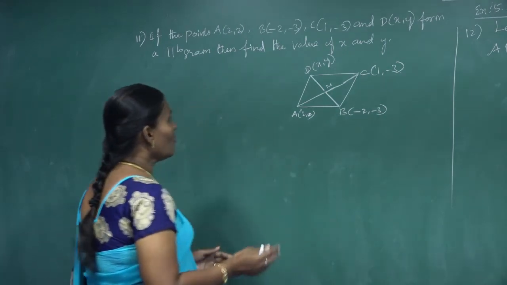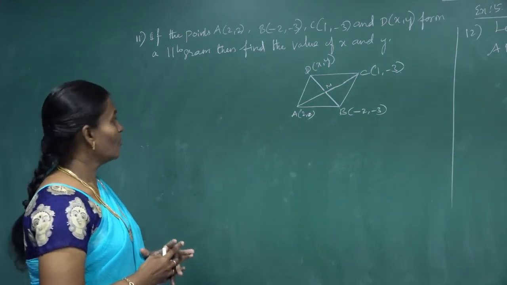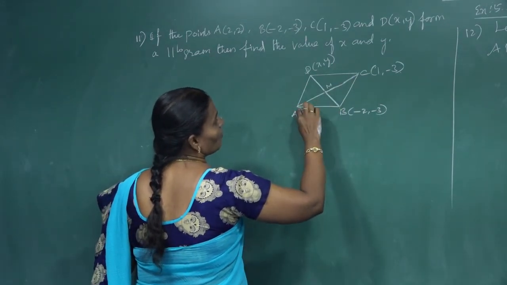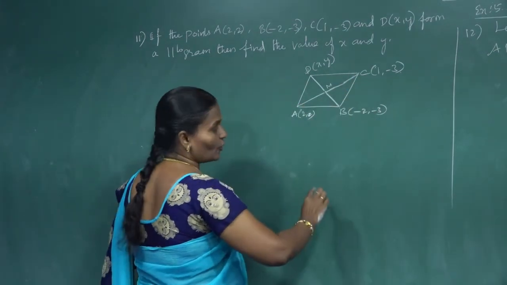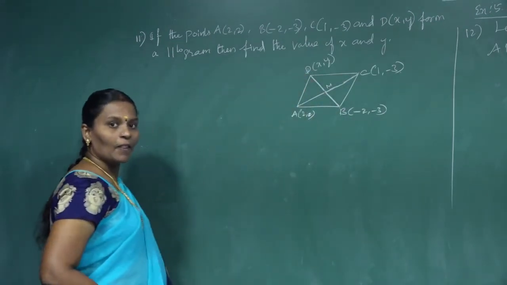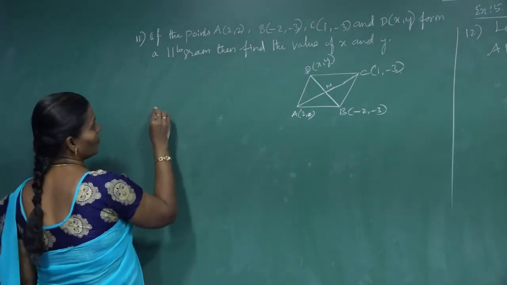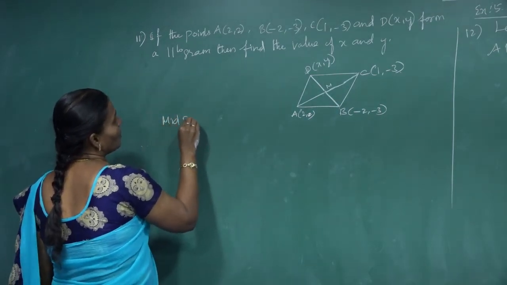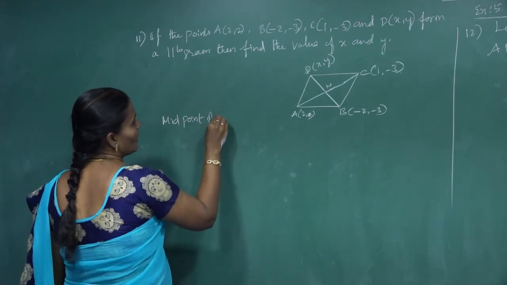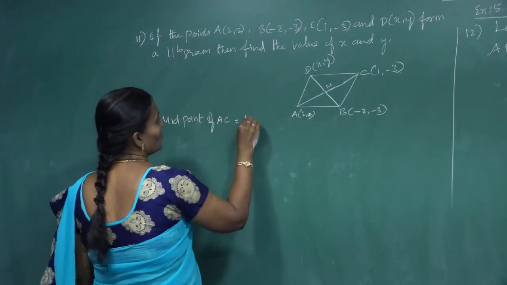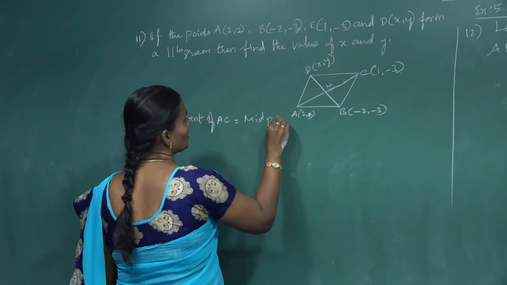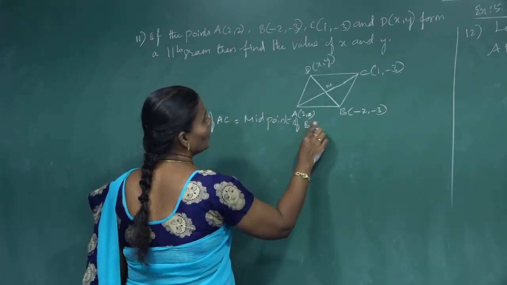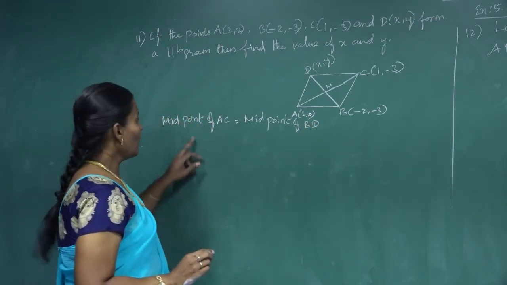Now we take that condition. Both midpoints are the same, so you have to take midpoint of AC is equal to midpoint of BD. Why are the midpoints equal?